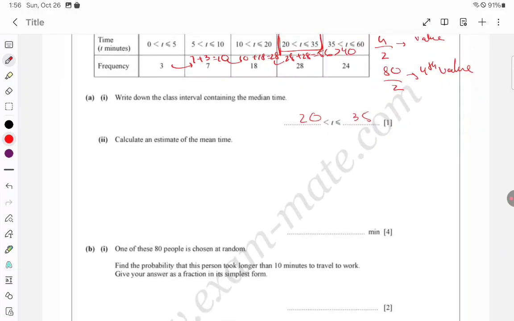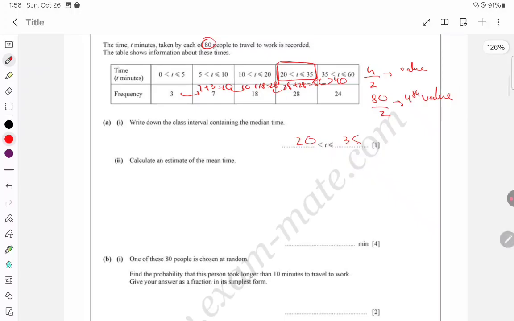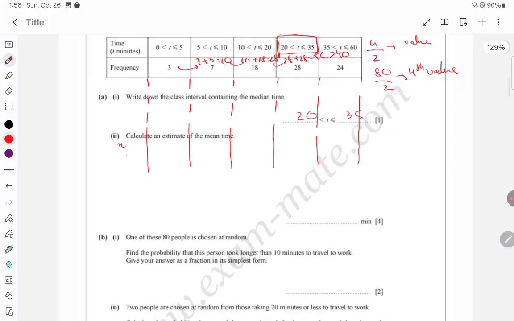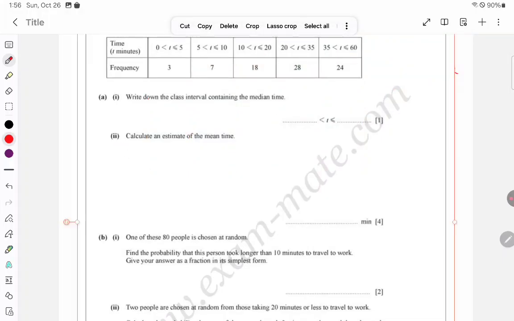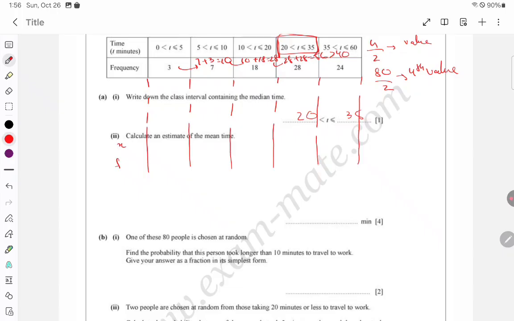In part 2, calculate an estimate of the mean time. For that, we have to complete this table, first our midpoint and our fx. For that, 5 plus 0 divided by 2 will give you 2.5.